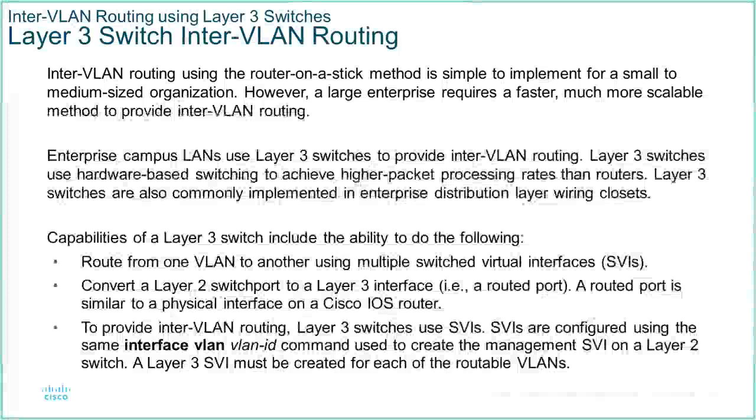We create switch virtual interfaces. We may need to convert a physical port from a layer 2 switch port to a layer 3 interface. This allows us to connect that multi-layer switch via routing to a router.